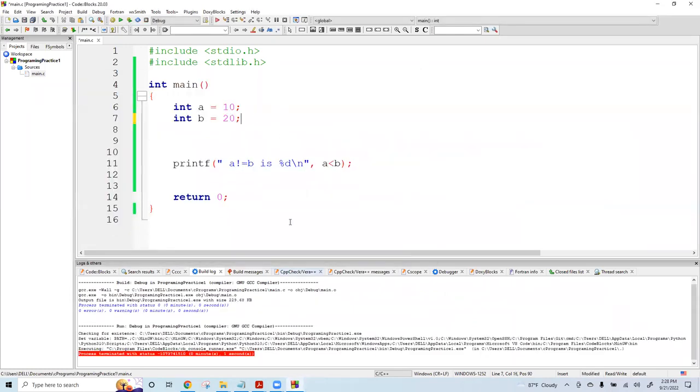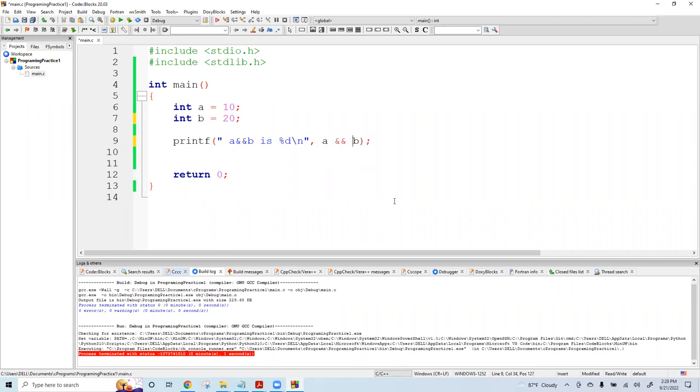If I have A and B, let's say with ampersand, I can put spaces if you want. It would work even without spaces. A and B. Can anyone tell me what would be the result here?